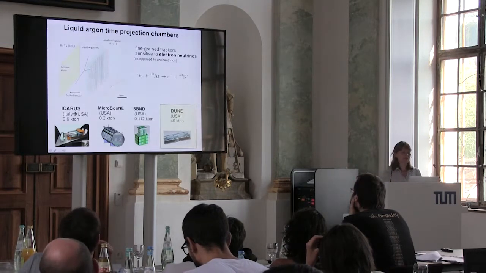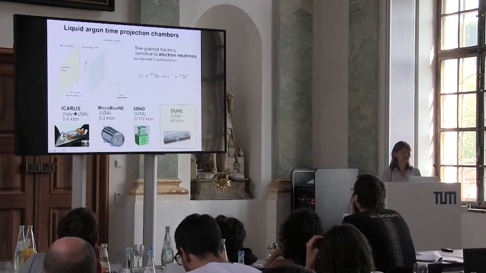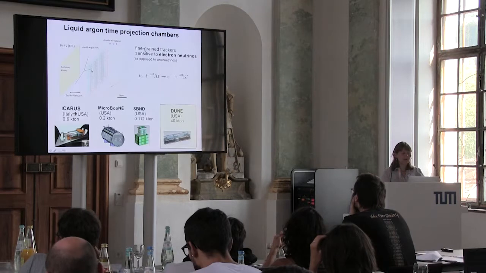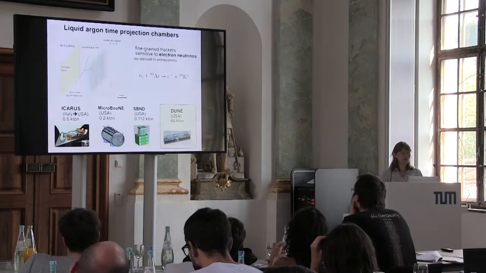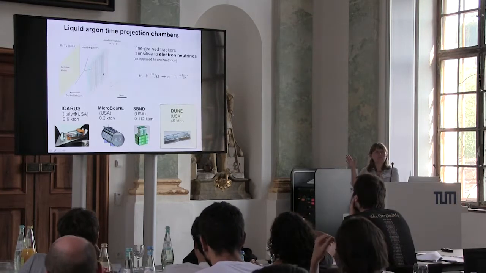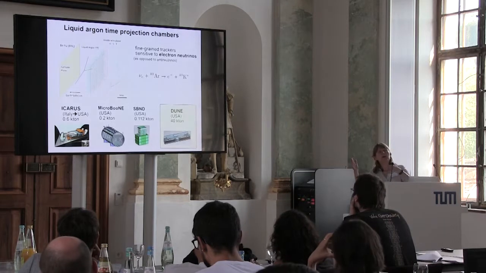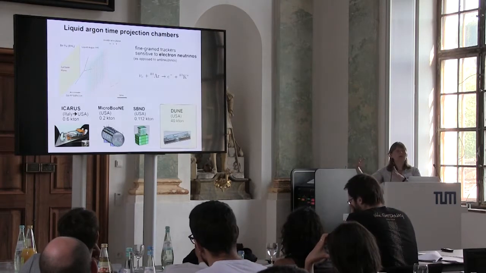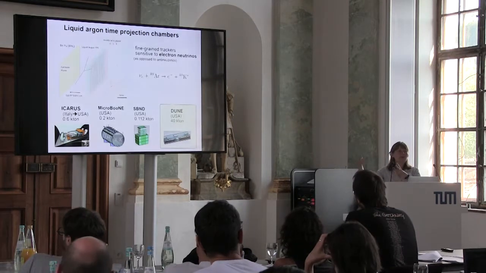The idea is that a particle leaves an ionization track, you put a high electric field on it and drift the ionized charge until it reaches an anode plane, and you pick up that charge to get a two-dimensional projection image of the track, and you use the time of the drift to give you the third dimension.